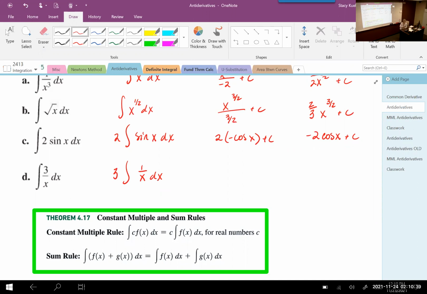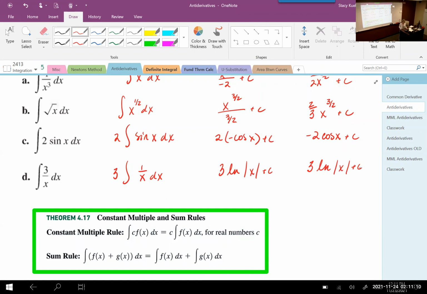So the integral of 1 over x dx is actually the natural log, surrounded with absolute value symbols, plus c. We'll practice that a little bit more in a few minutes.